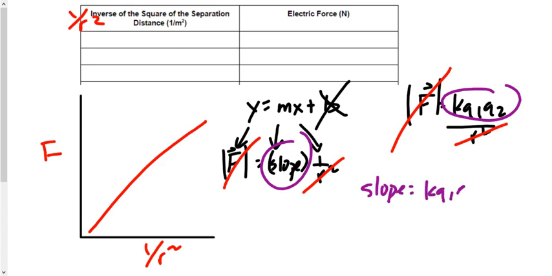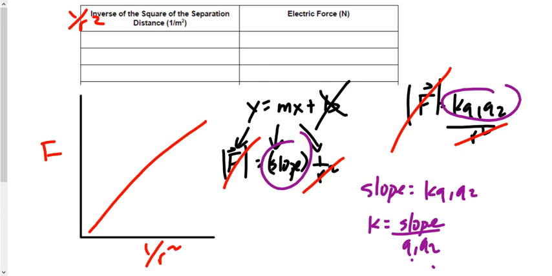What was the problem in this, by the way, again? You remember? Define Coulomb's constant. So Coulomb's constant is simply going to be the slope divided by q1 times q2. You get the value of the slope from Google Sheets, divided by the product of the charges. Just make sure you convert those charges to coulombs as opposed to microcoulombs.